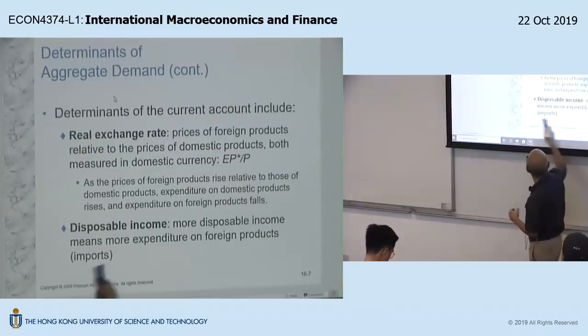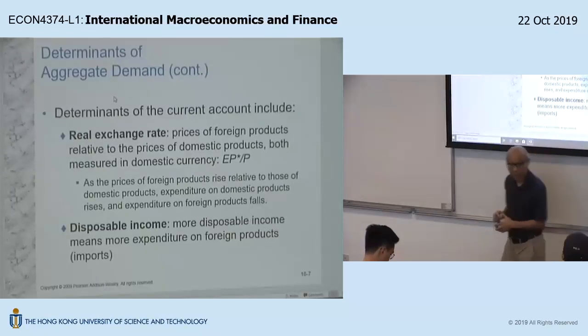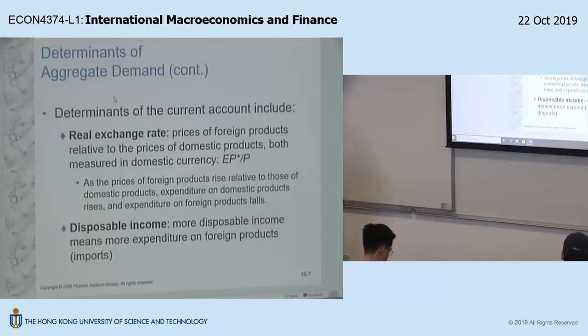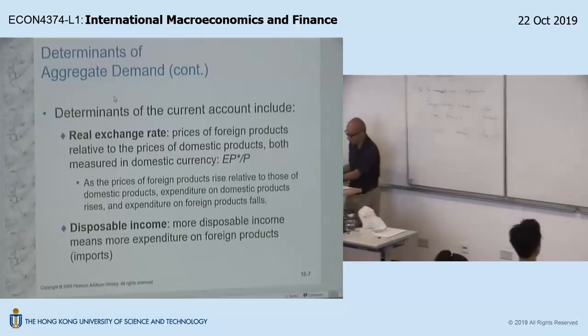You can think of part of the consumption goods as actually imported. When disposable income is higher, people want to consume more, but part of this consumption is imported consumer goods. That's why disposable income increases imports.